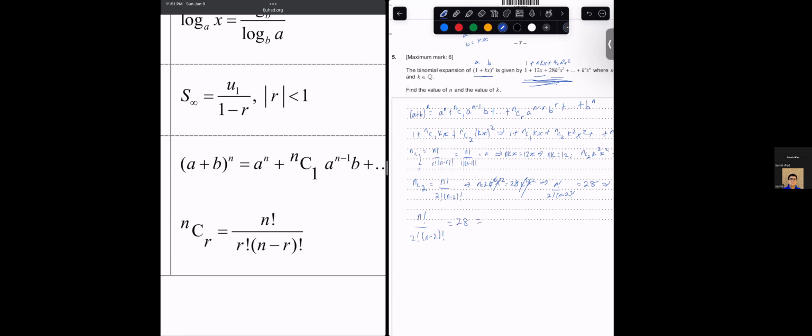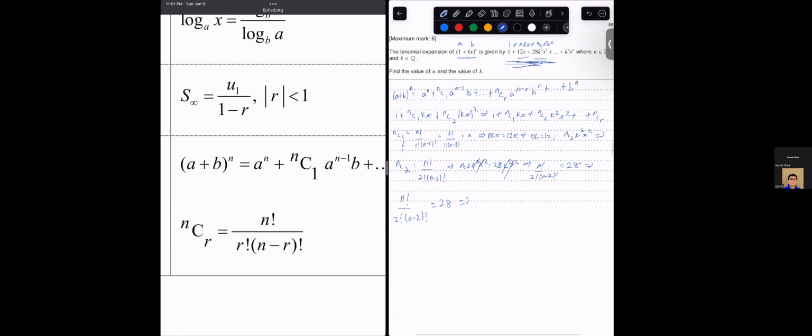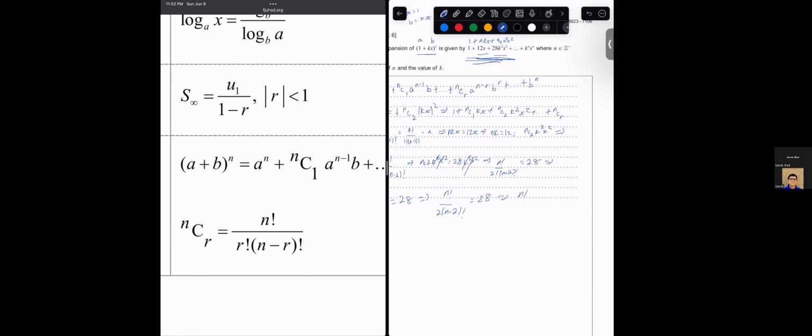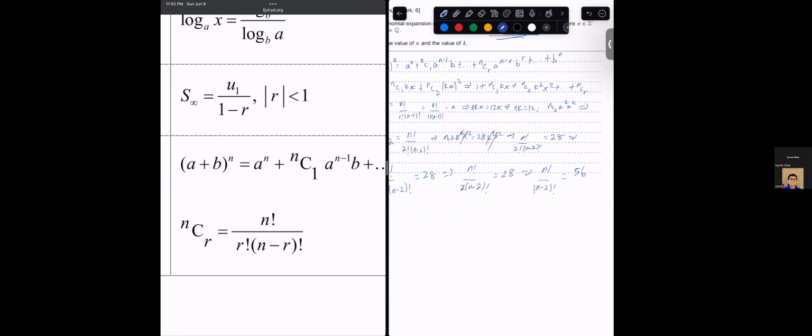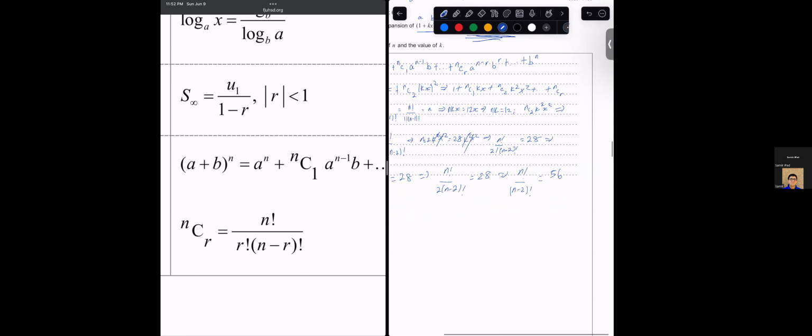This is equal to 28 as we wrote. Now, 2 into 1 is equal to 2 factorial, right? So we have n factorial upon 2 times n minus 2 factorial equal to 28, and we have n factorial upon n minus 2 factorial equal to 56, right? Let's multiply 2 on both sides, so that's how you can get rid of the 2 from here. I just wanted to write that out in steps so you guys can understand it better.